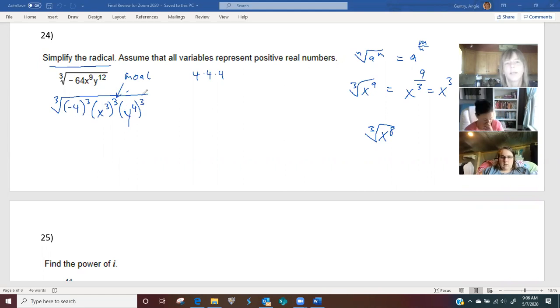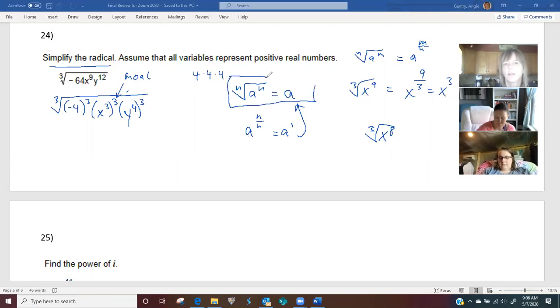Then you say, okay, the nth root of a to the n is a. That's the same as n over n, which is a to the 1st. Or you can just memorize that the nth root of a to the n is a, meaning if the index matches the exponent, that a comes out. Radical's gone.